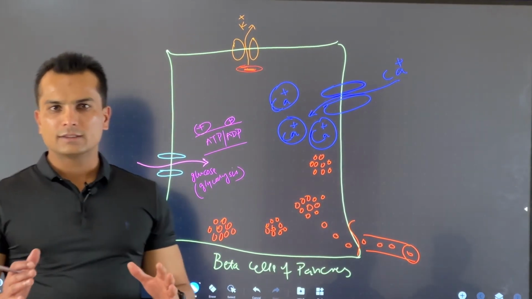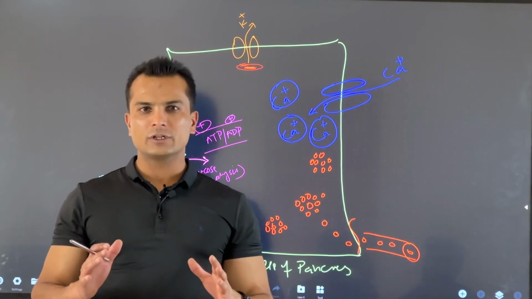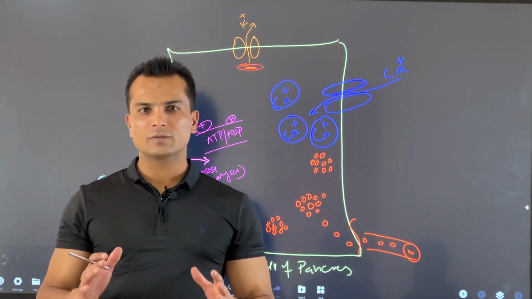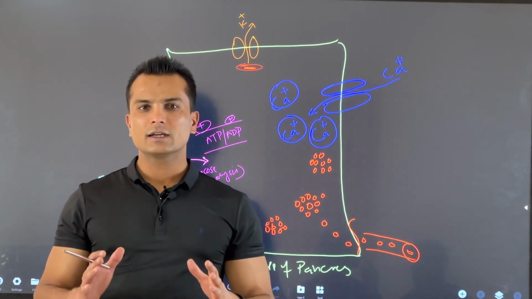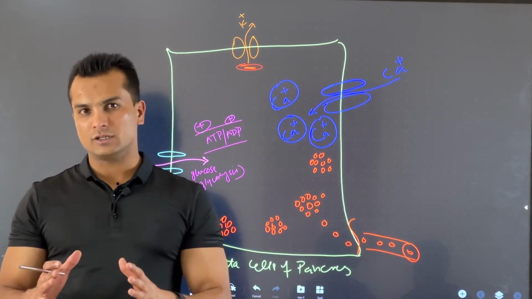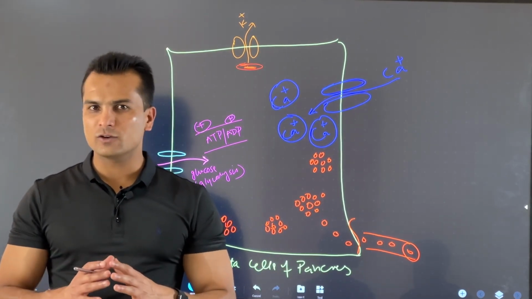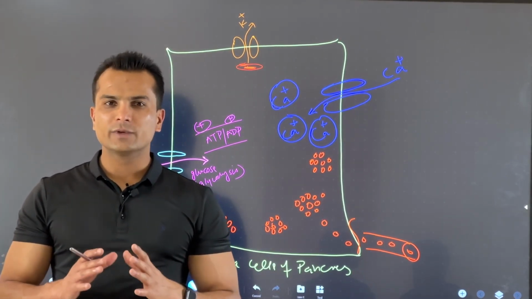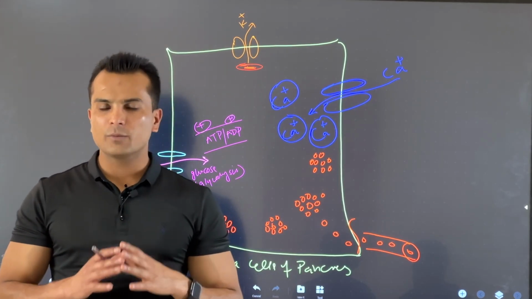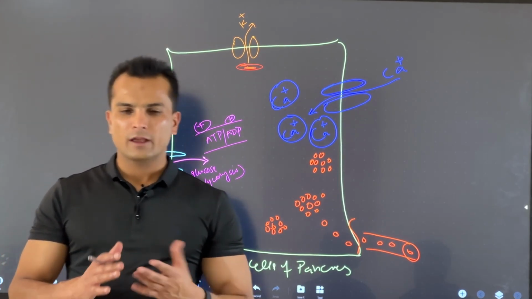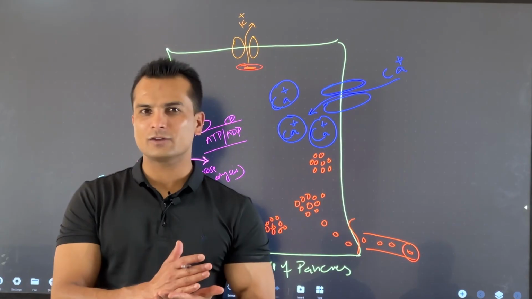So again, type 2 diabetes mellitus is written in the books as a disease of endocrine disorders, but remember it's complicating your cardiovascular system, because there is presence of insulin.